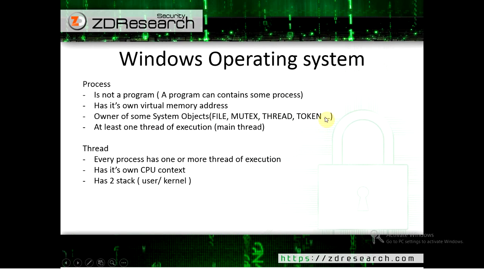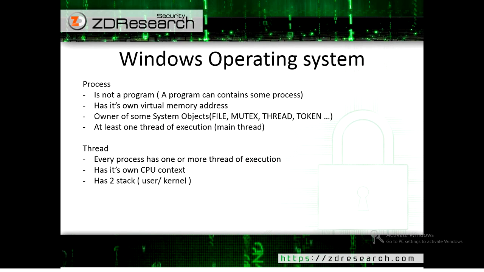Well, process. Every program can have some number of processes. So you should not confuse a process with a program. A process is not a program. A program is a sequence of bytes, a sequence of code that runs through the CPU. But a process is a logical separation that has some characteristics and attributes, and we are going to talk about it. And every process has its own virtual memory address space.